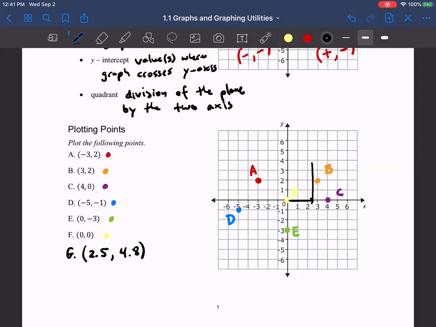Now I'm probably not going to get 4.8 exactly, but it's closer to 5 than it is to 4. So I'd end up with a point about right there. And that would be my point G. Okay, so we can put points in that way. They don't have to actually be right there on the axis.